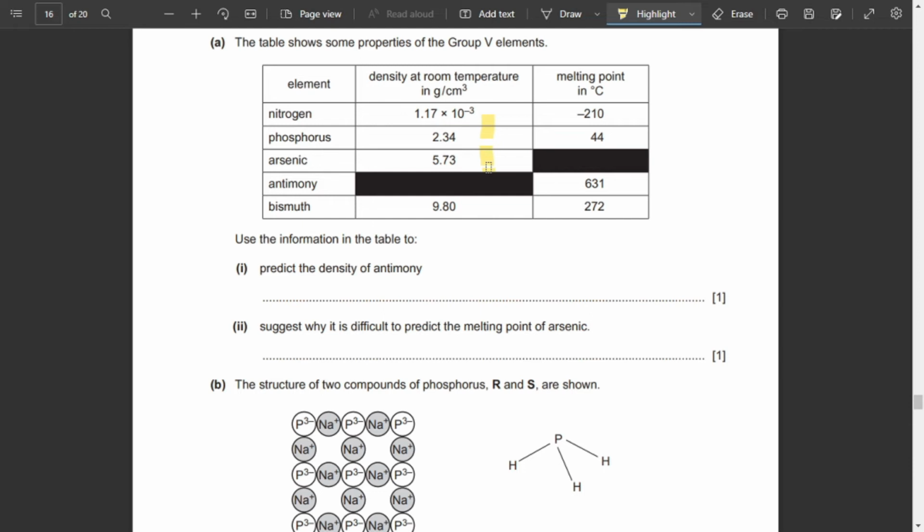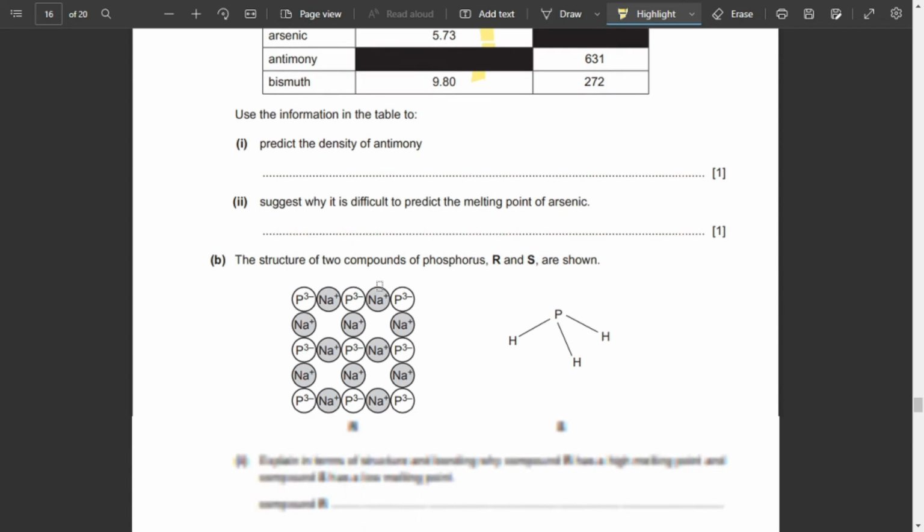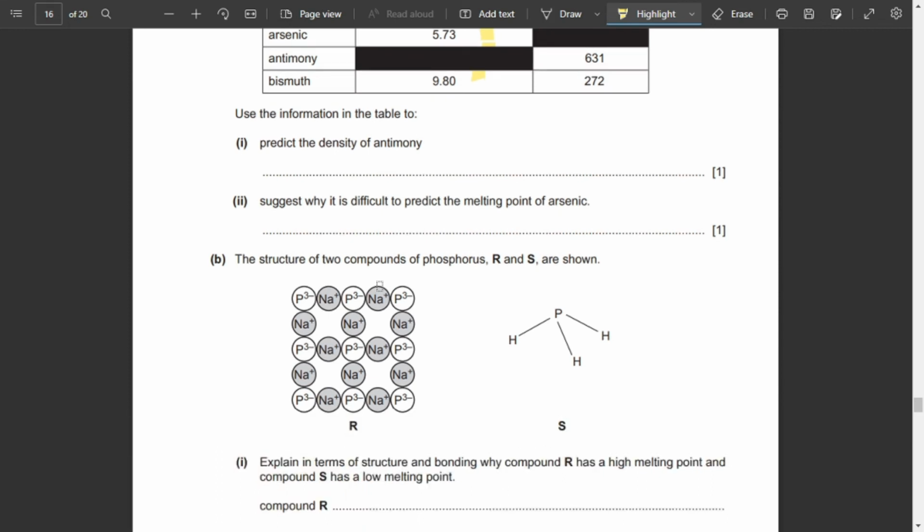So I suggest you write something in between, like 6.2 or 6.8, so that we have a good difference between them. So this is what I suggest you do. And again, I just explained part 2 about the melting point. Moving on to part B, the structures of 2 compounds of phosphorus, R and S, are shown.